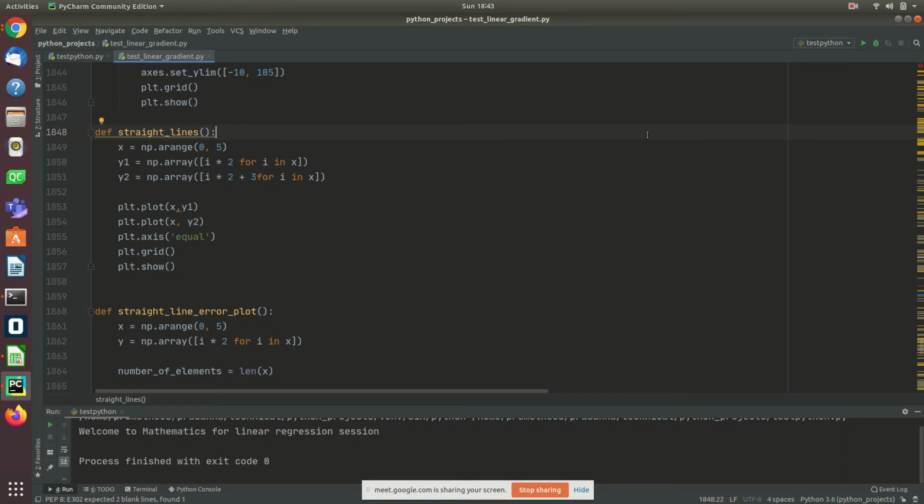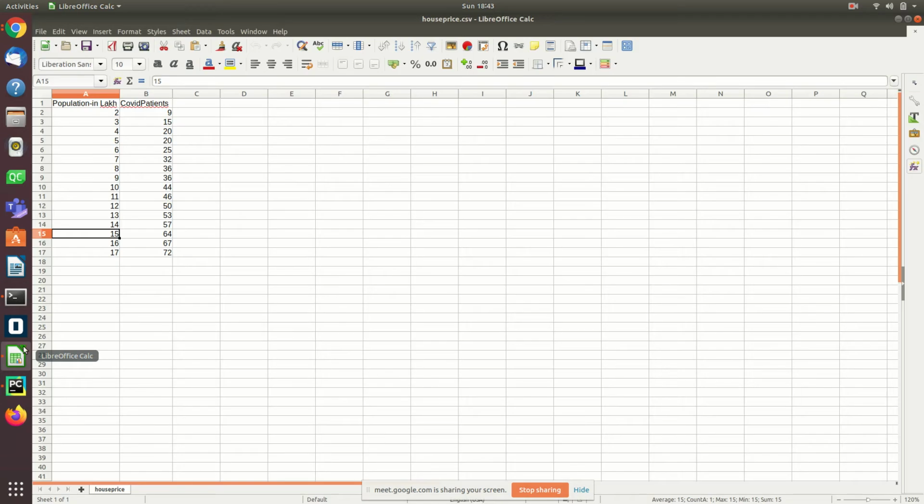We are trying to find m and c for this set of data, so that I can calculate the COVID patients when the population is 20 lakhs, 25 lakhs, 30 lakhs, or whatever. Just for simplicity, I just took only one variable. You can extend it to as many variables as you want. And our discussion here is limited to linear equations.